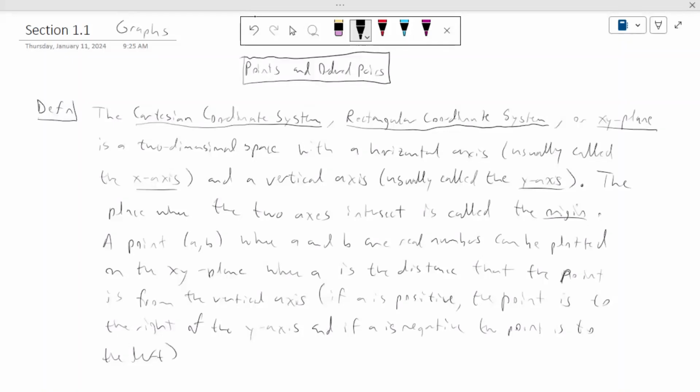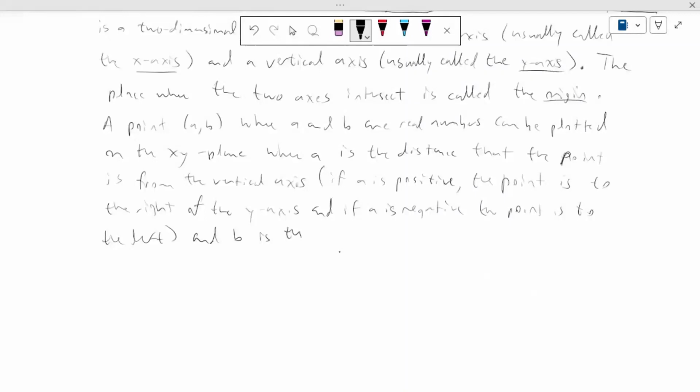How far is your point away from the y-axis? It doesn't tell you your vertical position at all, but it tells you your horizontal position. Okay. And B is, I'll scroll up a little bit here, the distance the point is from the horizontal axis.